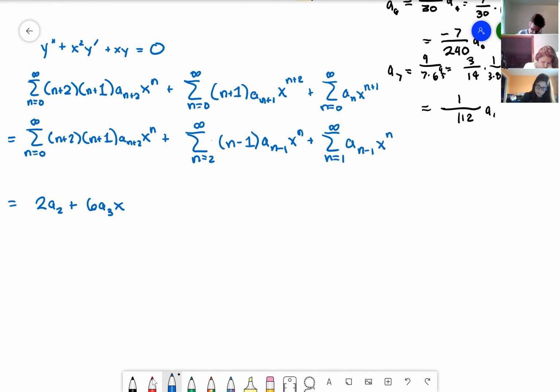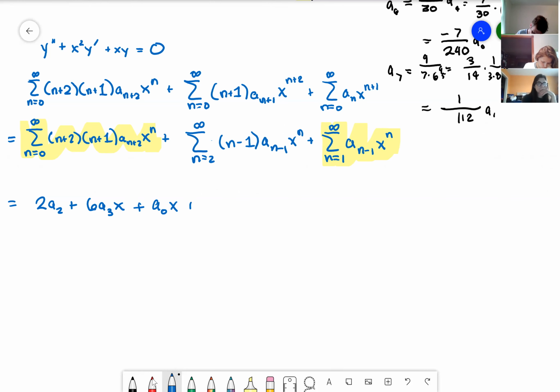So now this one will start at n equals 2. And then the last one, I'm going to peel off the n equals 1 term. So I get a0 x.